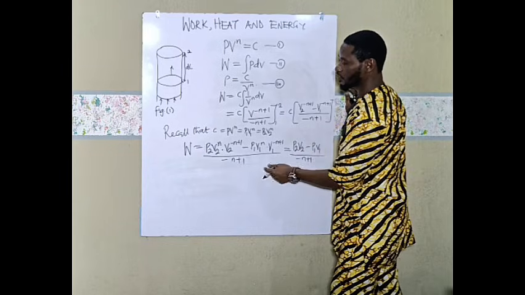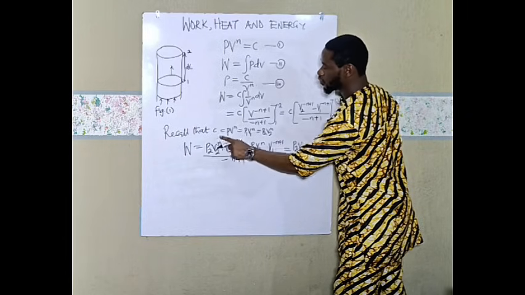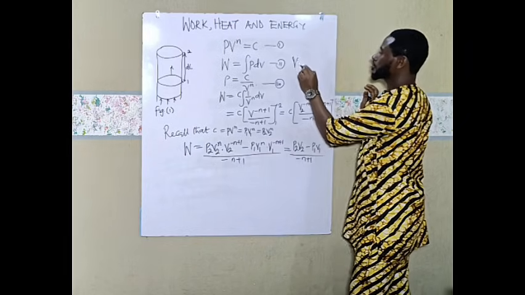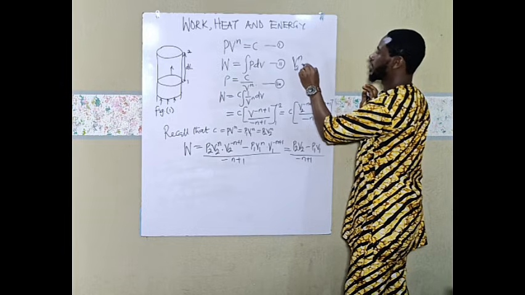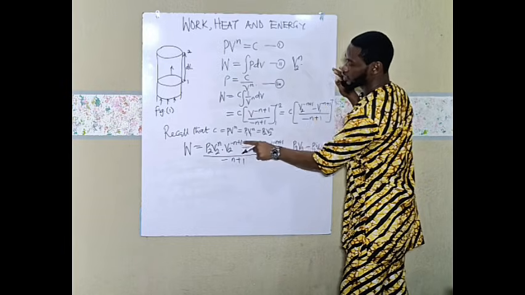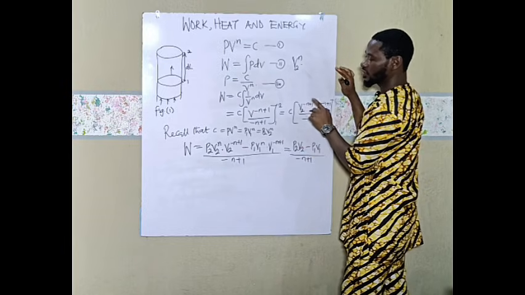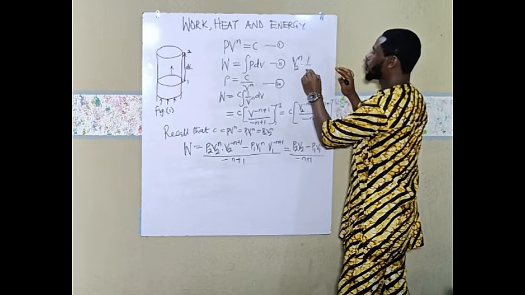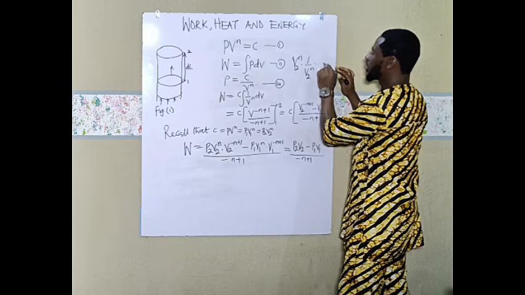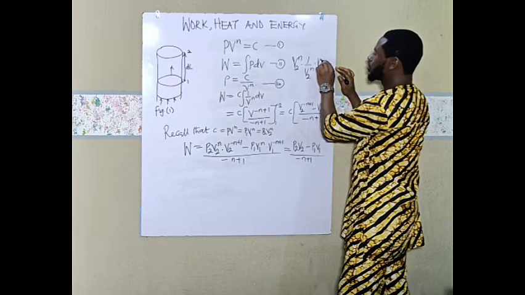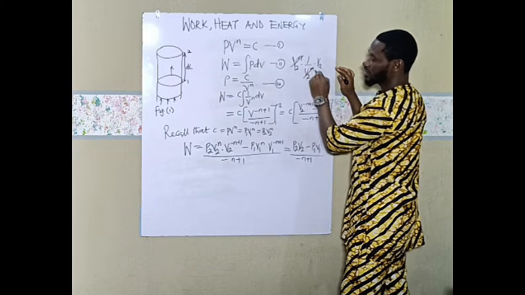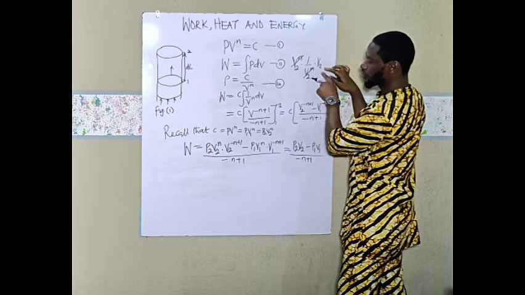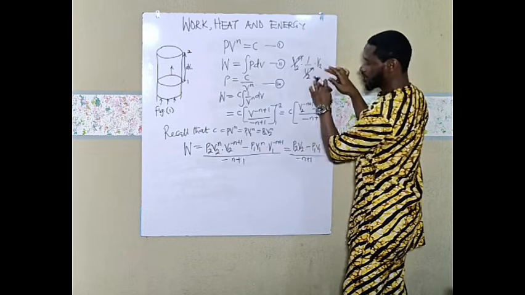Let me just take an example. Taking V2 raised to the power of n multiplied by V2 raised to the power of minus n plus 1, that minus n, according to indices, becomes 1 over V2 raised to the power of n multiplied by V2. This cancels, which is why we are left with the expression of P2 multiplied by V2.